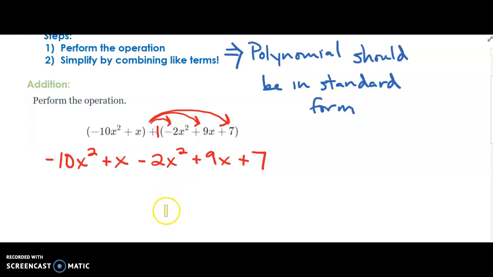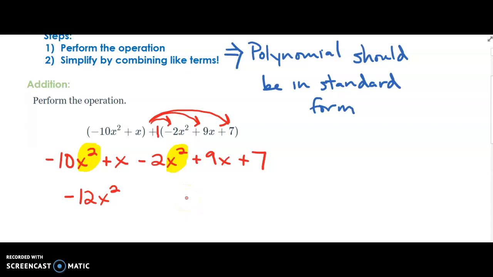For example, if I'm looking at this first term, negative 10x squared, I'm looking for any other terms in this polynomial that have a variable that is exactly x squared. And I see that for negative 2x squared, and it looks like that's it. Because these two terms have the exact same variable, we can combine them into one term. Negative 10x squared minus 2x squared, that is negative 12x squared.